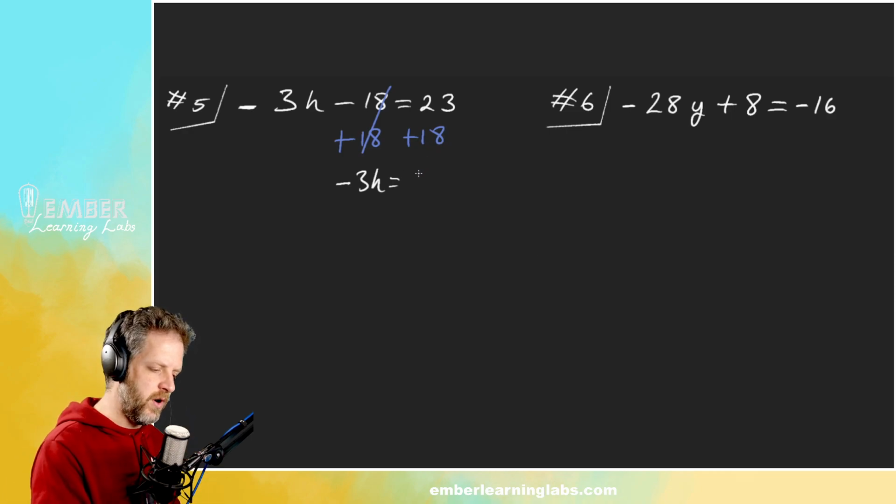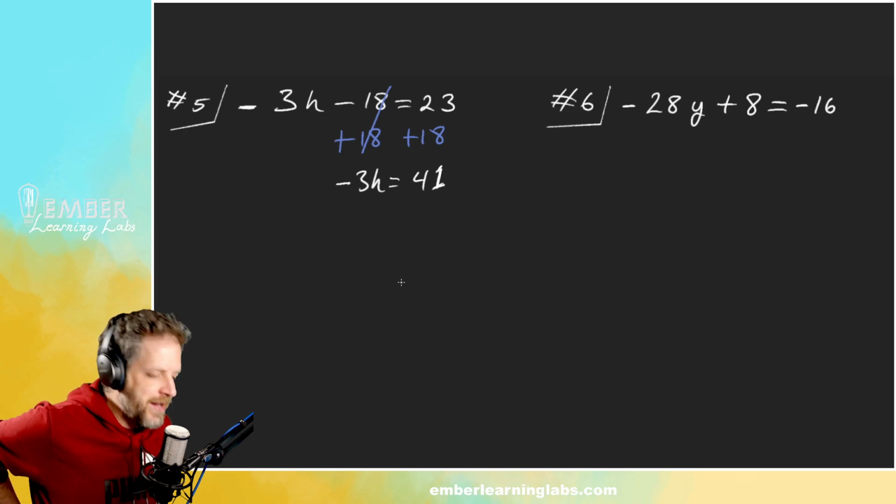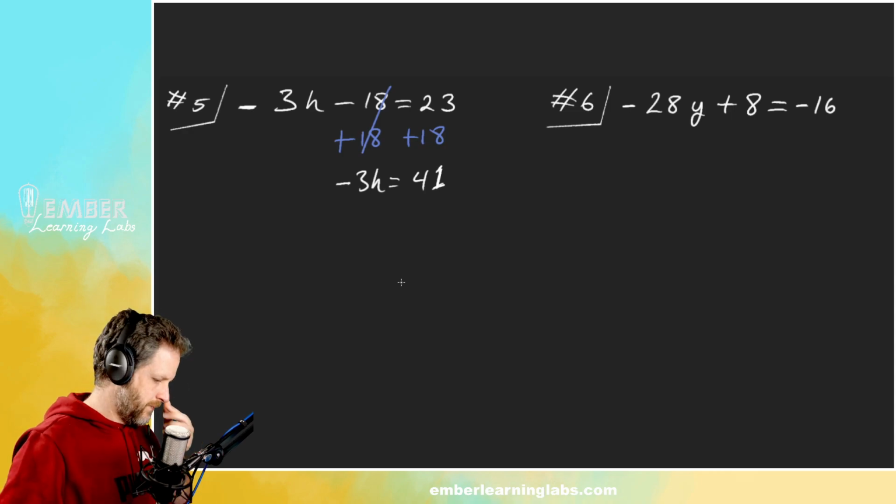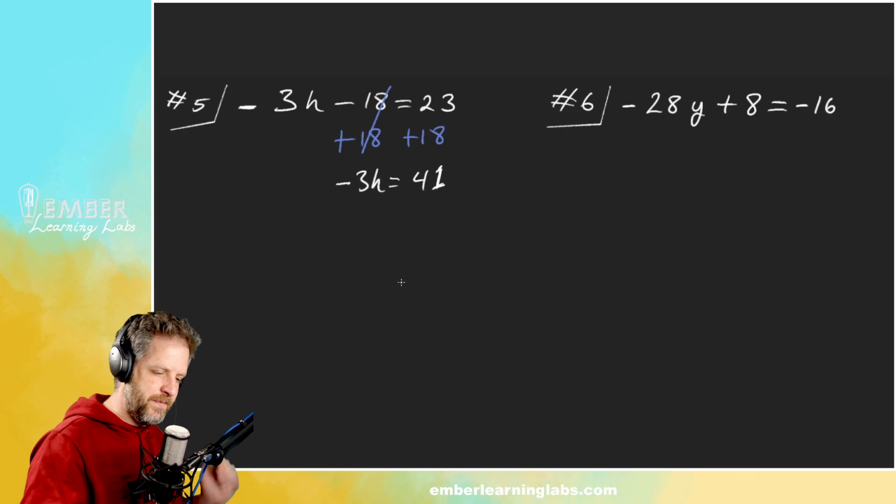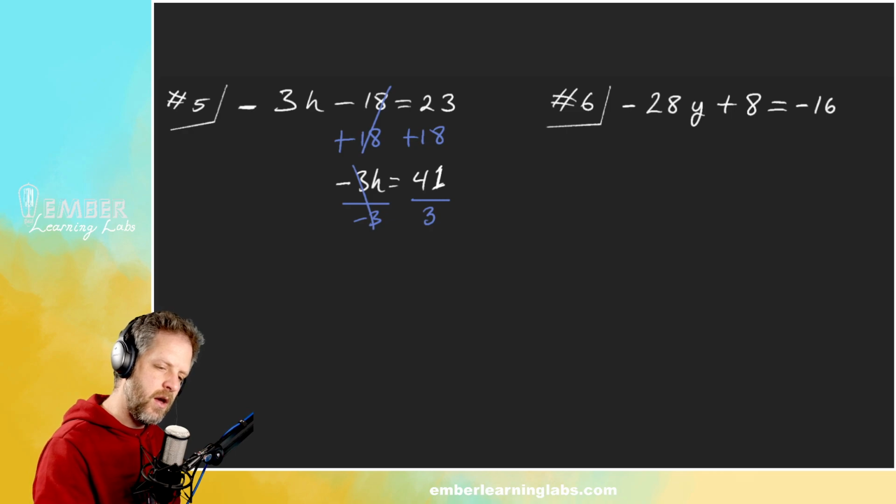No, 41, right? Is that right? Did I do that right? Do I need a scratch paper? Did y'all get the same thing? Yes. Okay. All right. Then we're going to divide that by -3. And h equals, let's scratch paper that.